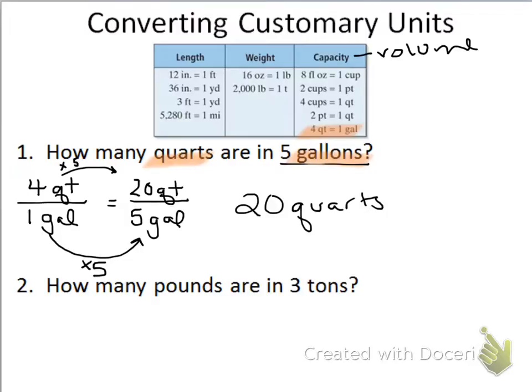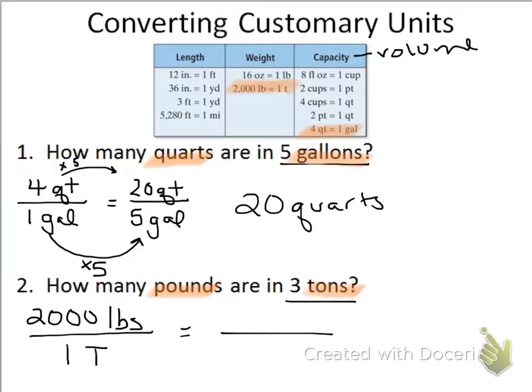The next one isn't a measure of volume or capacity, it's a measure of weight. We're looking at pounds and tons. If I look on my table, I see that there are 2,000 pounds in 1 ton, so that's the rate that I'm going to start with. 2,000 pounds in 1 ton. Now I'm not looking at 1 ton, instead I'm looking at 3 tons. So I need to go from 1 ton to 3 tons.